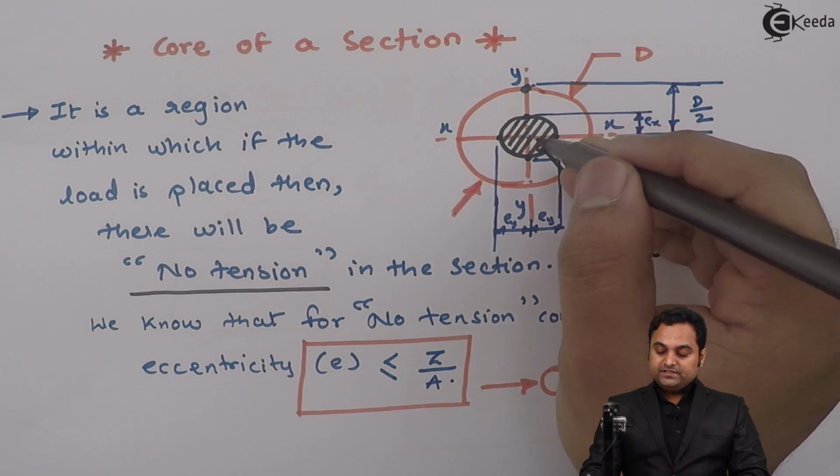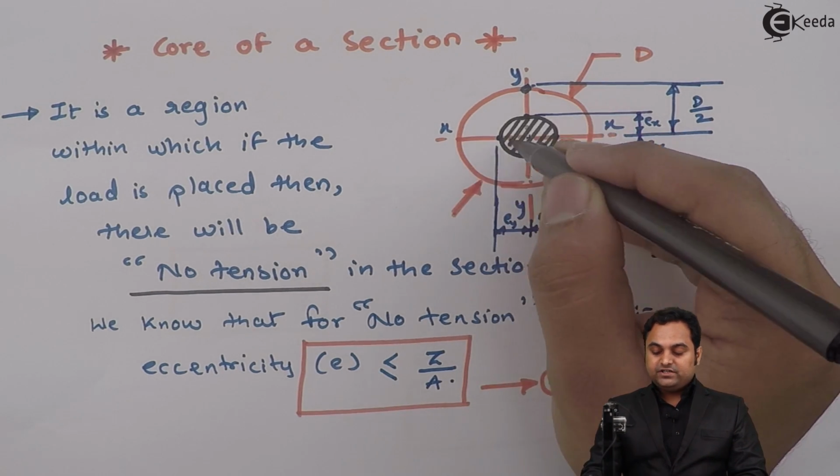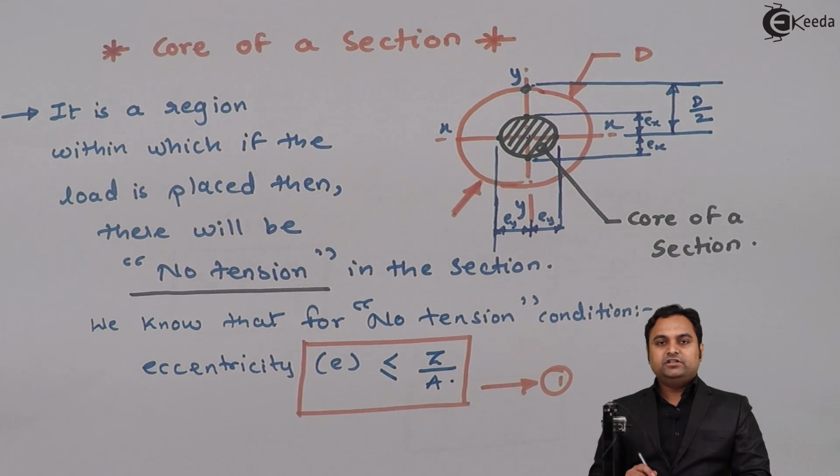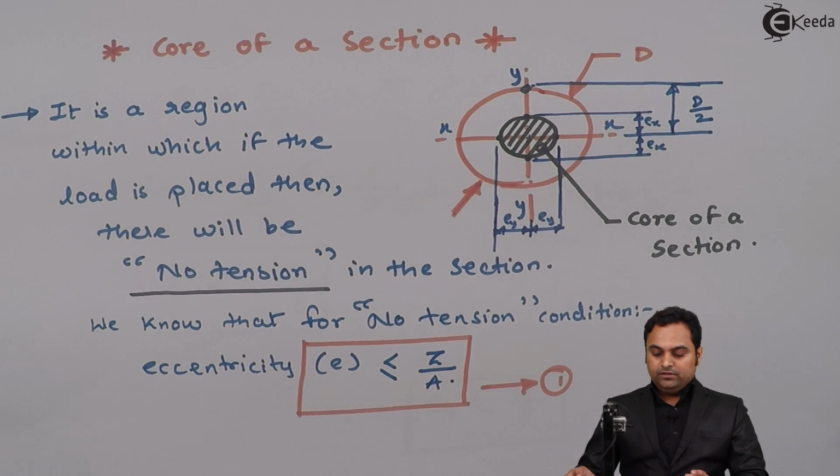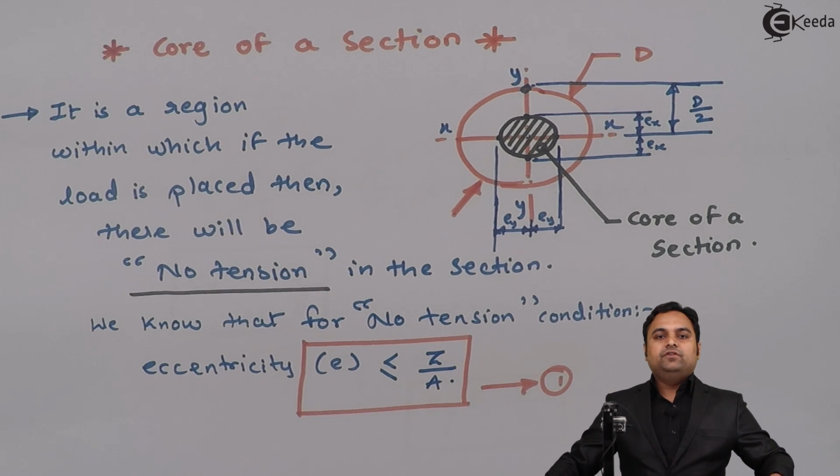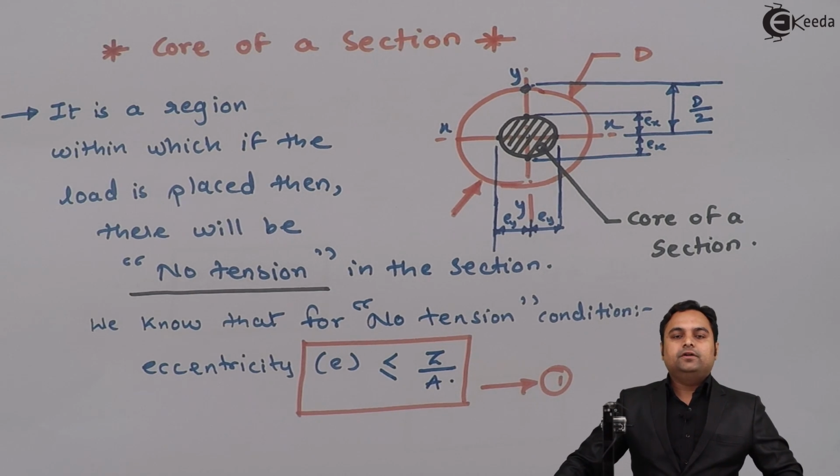If the load is placed anywhere away from this black shaded region, then there will definitely be tension in the section, and then the column would be failing. So in this video we have seen what is meant by core of a section.